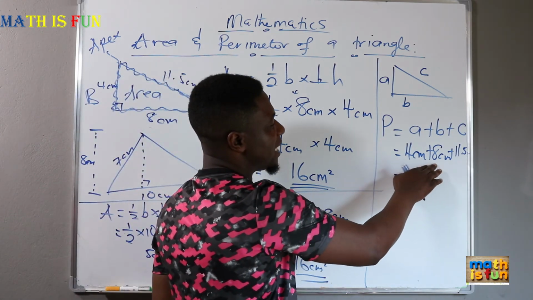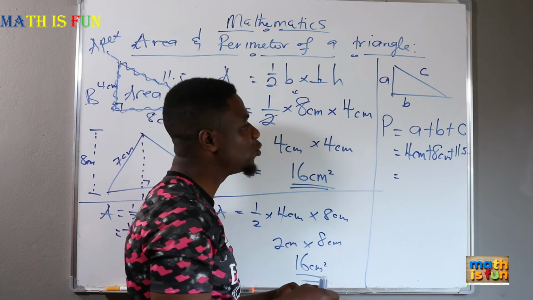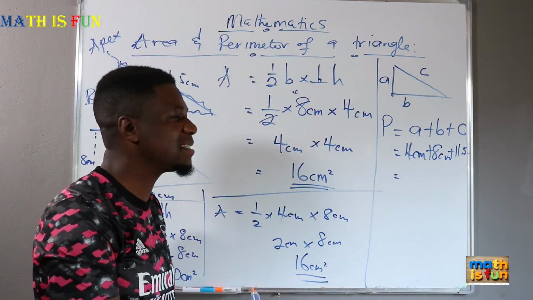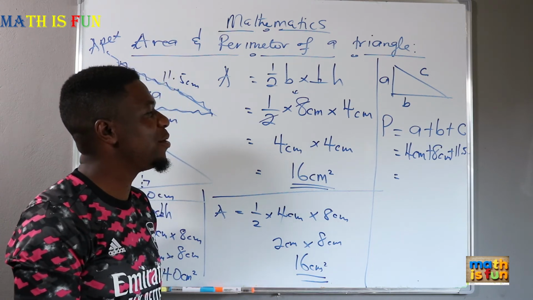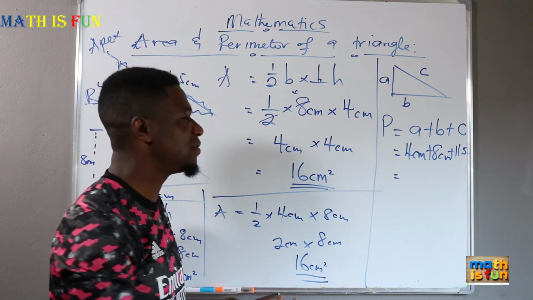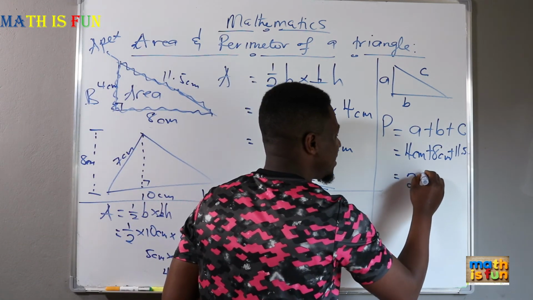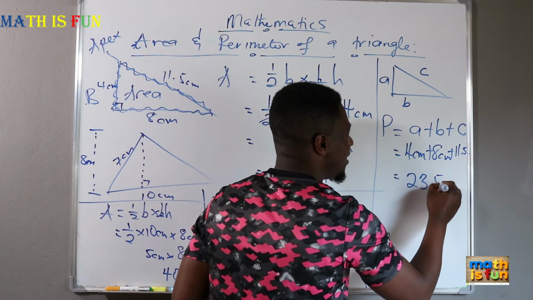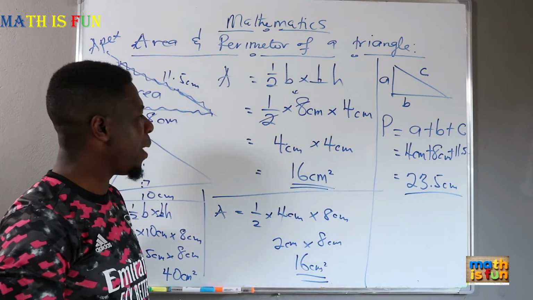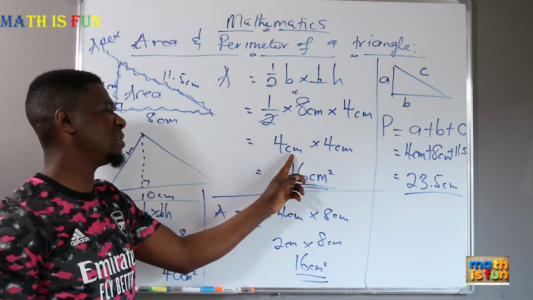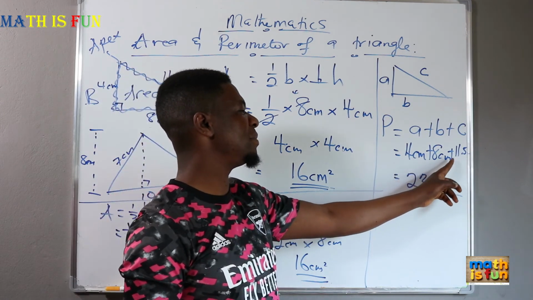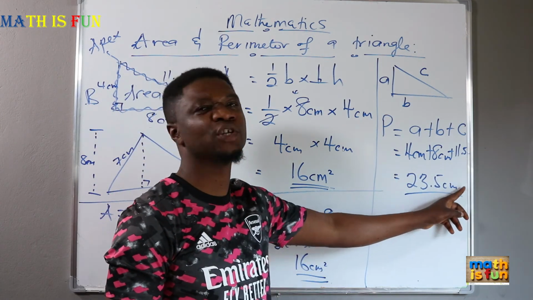After that I do my normal addition from left to right. So 4 plus 8 gives me 12, then 12 plus 11 gives me 23, then we add the decimal 5, so 23.5 centimeters. Someone will be asking, why is it that on that side you said centimeter squared, and here centimeter? Is it not going to be centimeter cube?